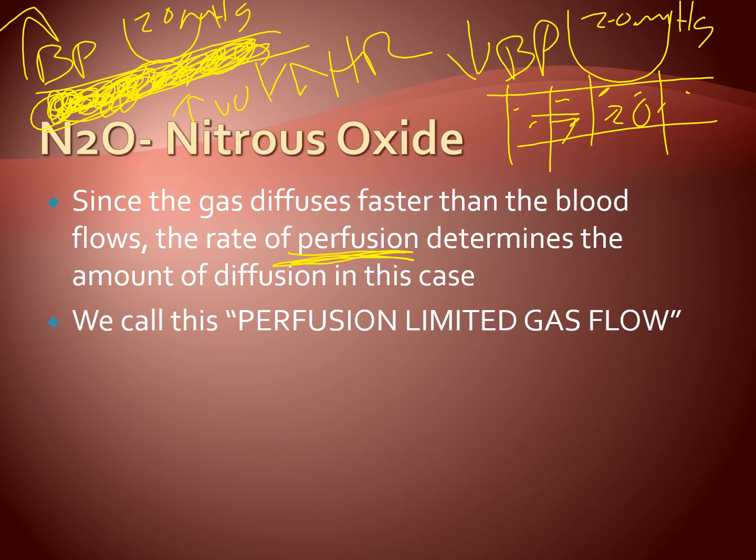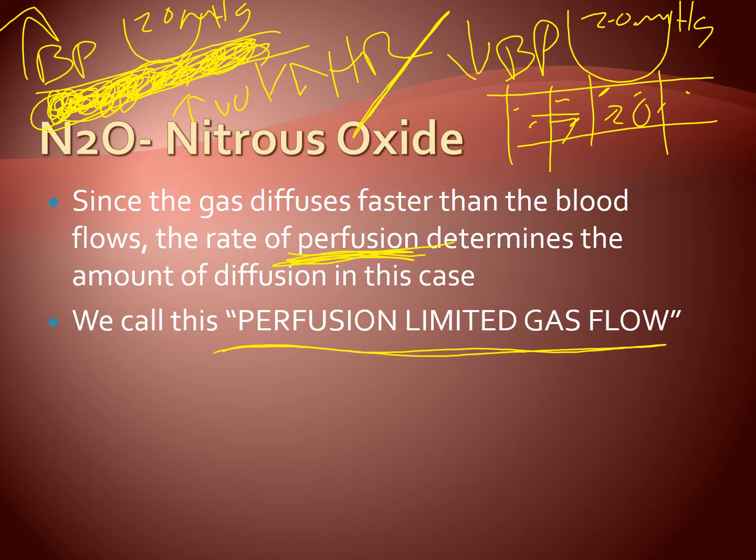That's going to equal out to having a much better diffusion, or a much higher concentration of gas in their system much faster. So since the gas diffuses faster than the blood flows, the only thing that limits how much gas goes into their system is the perfusion, or how much blood is flowing through that capillary membrane. And this is called perfusion limited gas flow.